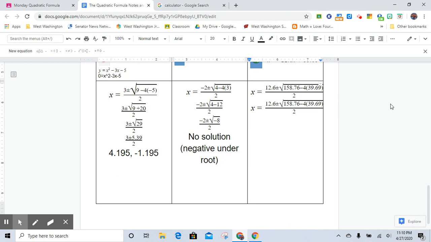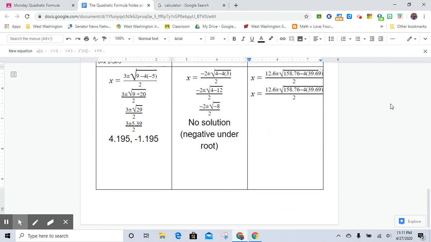And so in my calculator, I'm going to write 158.76 minus 4 parentheses 3969. Is that right? Yep. Okay. And when I do that, I get 0, because 4 times 3969 is 158.76.